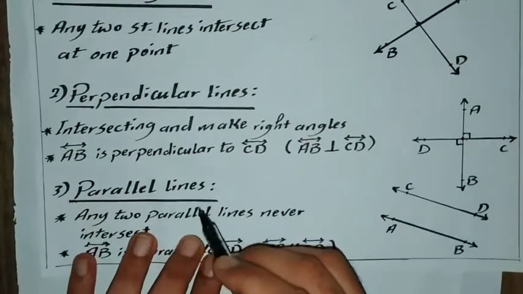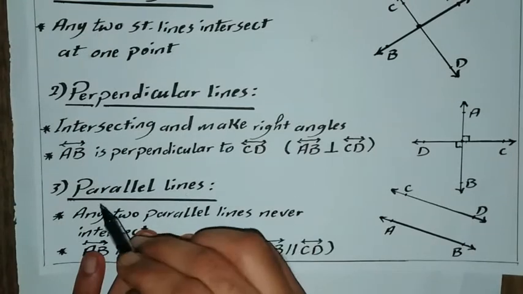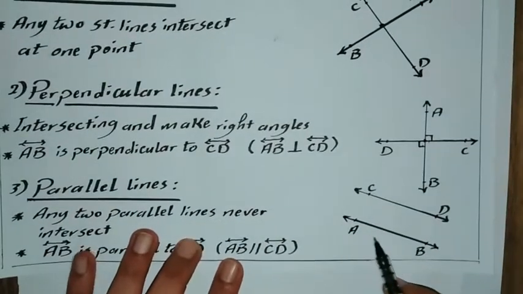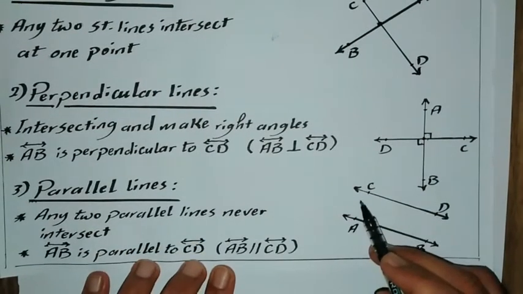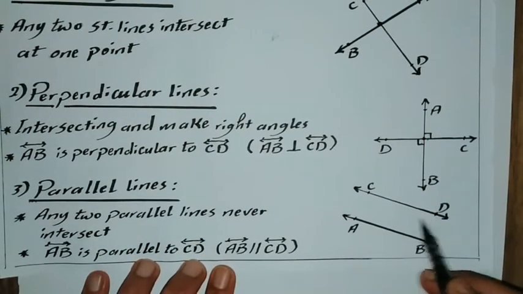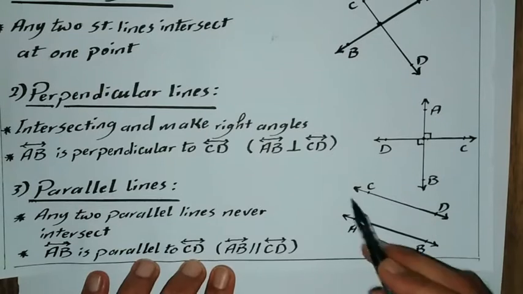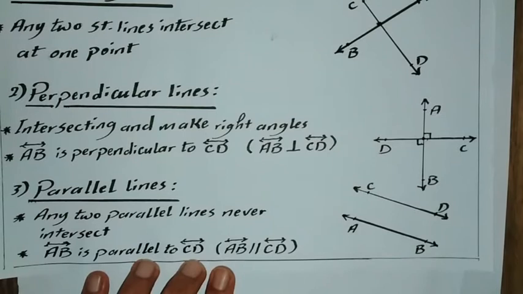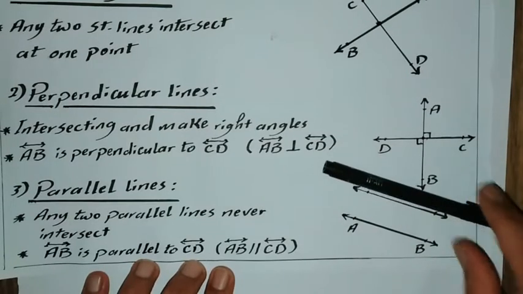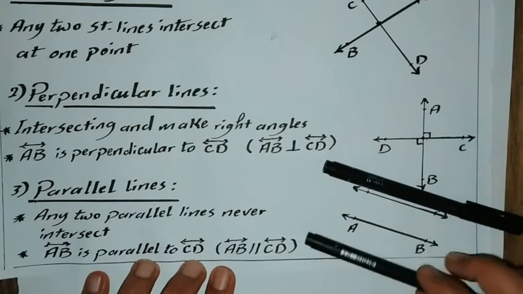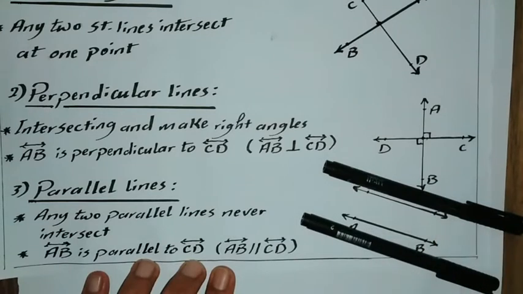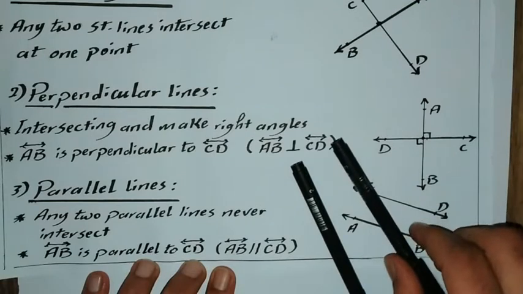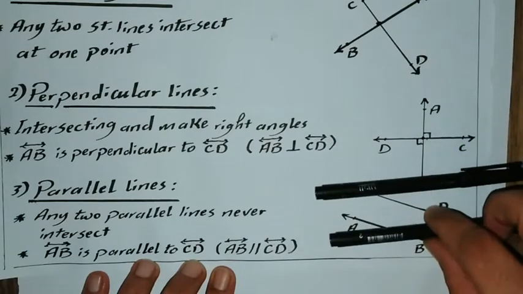The last relation, parallel lines. Straight line AB is parallel to straight line CD. Parallel lines means never intersect. Like this, or like this, or like this.